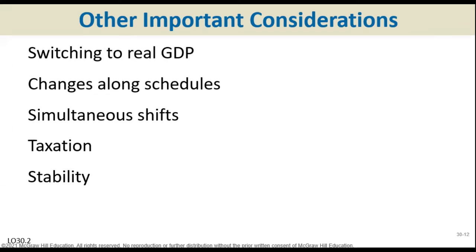Lower taxes will shift both the consumption and saving schedules up, since taxes affect both spending and saving, and the reverse is true for higher taxes. Higher taxes will shift both down, right?